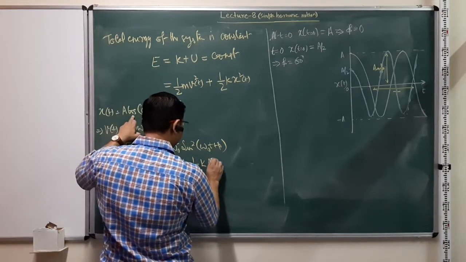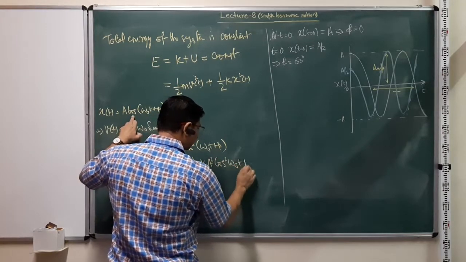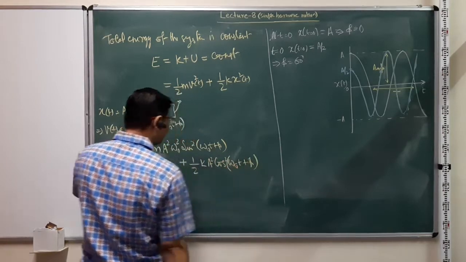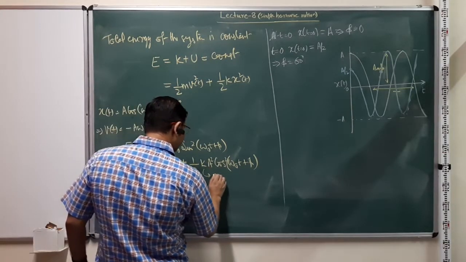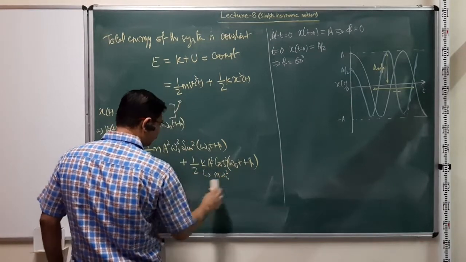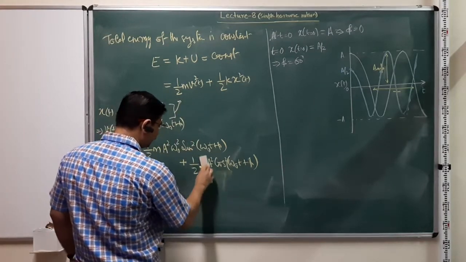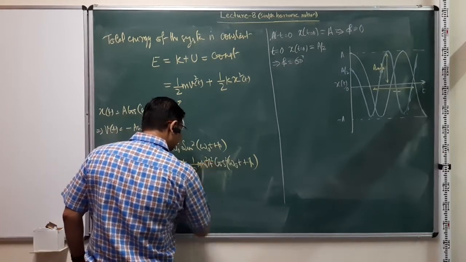So this is a square cos square of omega naught t plus phi. We can replace this k with m omega naught square. Okay. So I will simply replace it here, and this rearrangement will let us take some terms out.